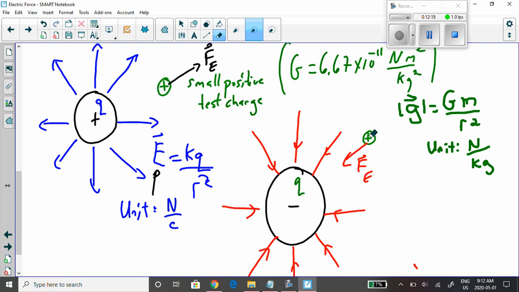So here it is, a small positive test charge right there. And I could find out what electric force this small positive test charge would experience. Well, it would experience a force of attraction towards the negatively charged particle.